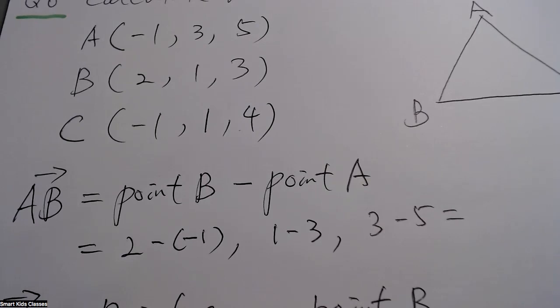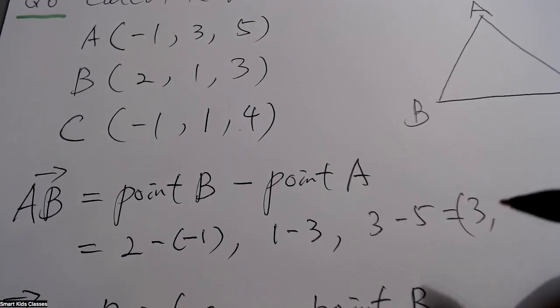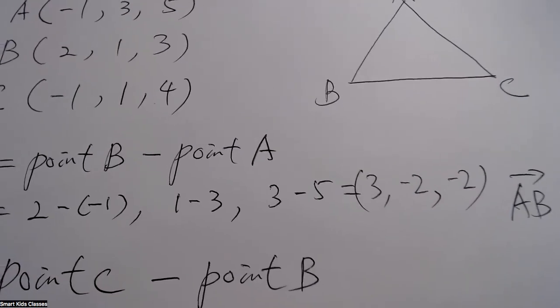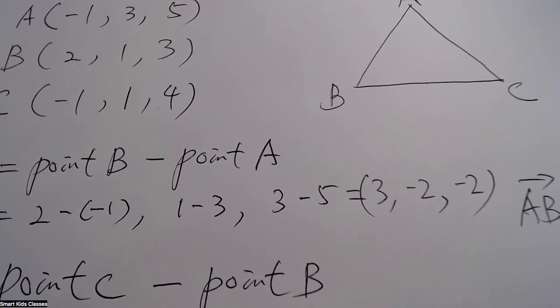Now we're going to get the point: it's going to be 3, -2, and -2. So that's vector AB.